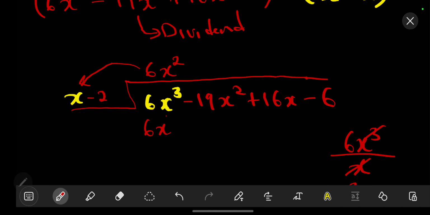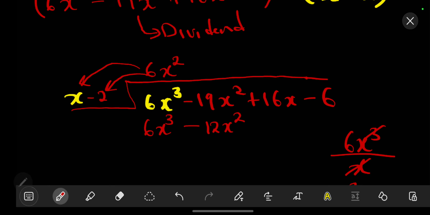Then we multiply this 6x squared with negative 2. This will give us a negative 12x to the power 2. So we write 12x to the power of 2, like that, with the negative already written.